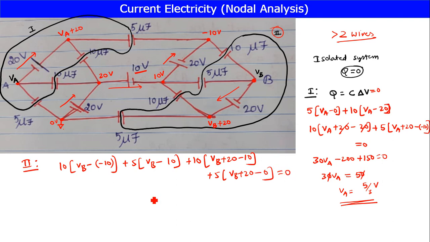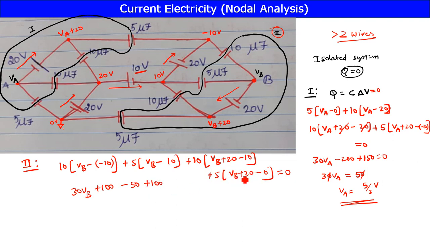Conserved basically. Here 10 VB, 15 VB, 25 VB, 30 VB. Now minus plus 10 tens are 100, minus 5 tens are 50, 20 minus 10 is nothing but 10, 10 tens are 100.